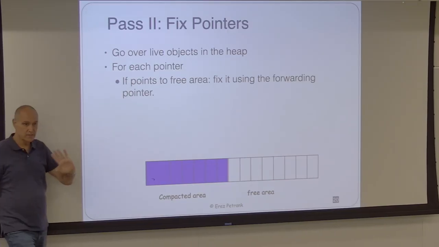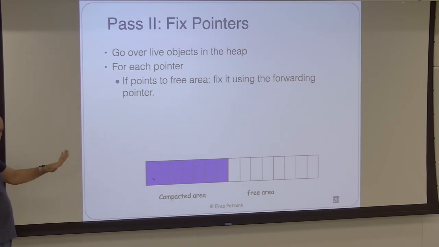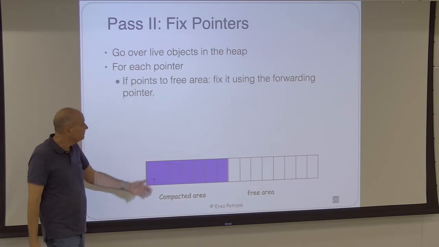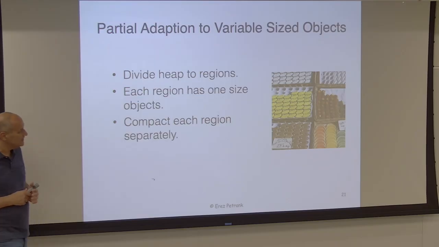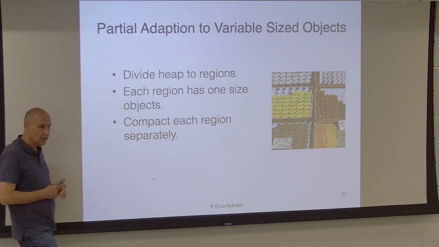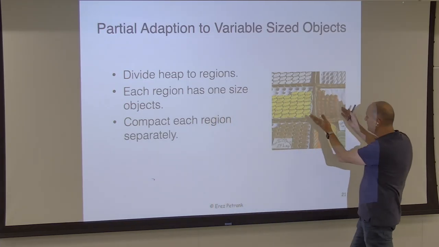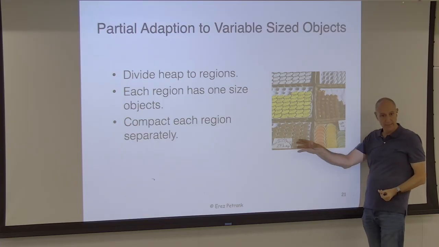Questions about this algorithm? It's the simplest. It works. It's conditioned on all objects being of the same size, but it works. If you want to adapt it to variable size objects, you could do maybe what was suggested here, to break the heap into different sizes of objects and do each of them separately.